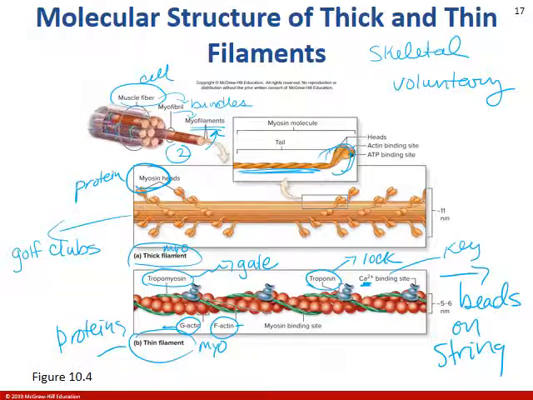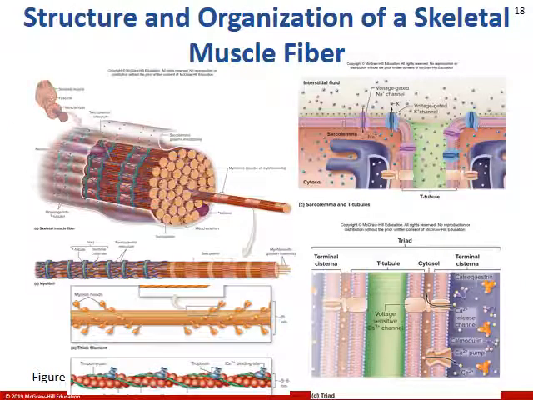Where did we store calcium? Terminal cisternae, right? So this is all going to come together, I promise. Let's review all of these images together. We're starting with the entire skeletal muscle, here at superficial, and we're traveling deep.